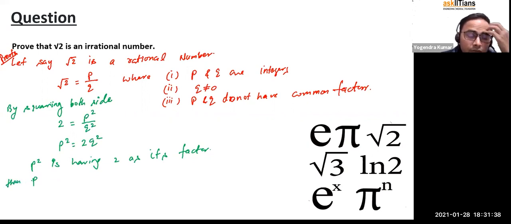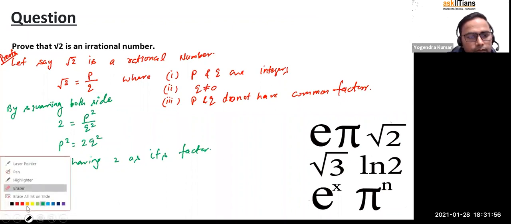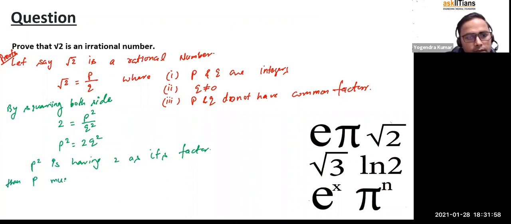This is one of the theorems, but you don't need to remember the theorem. You just need to remember that if p square is having 2 as its factor, p must have 2 as its factor. You can take examples also. You don't need to worry about this.